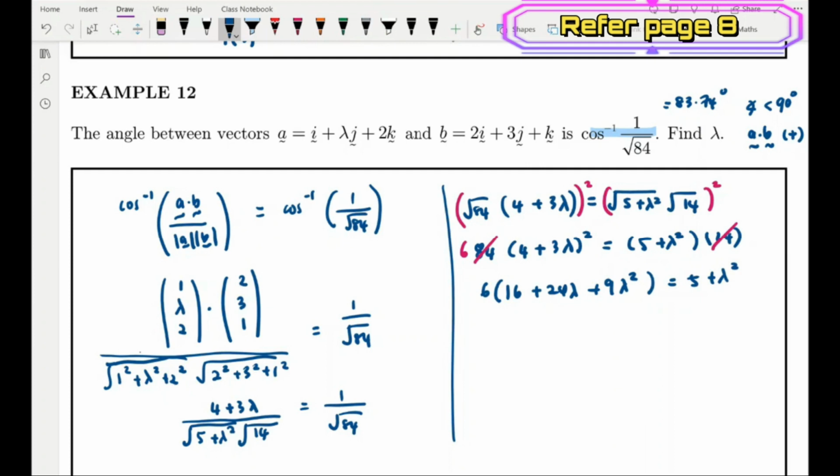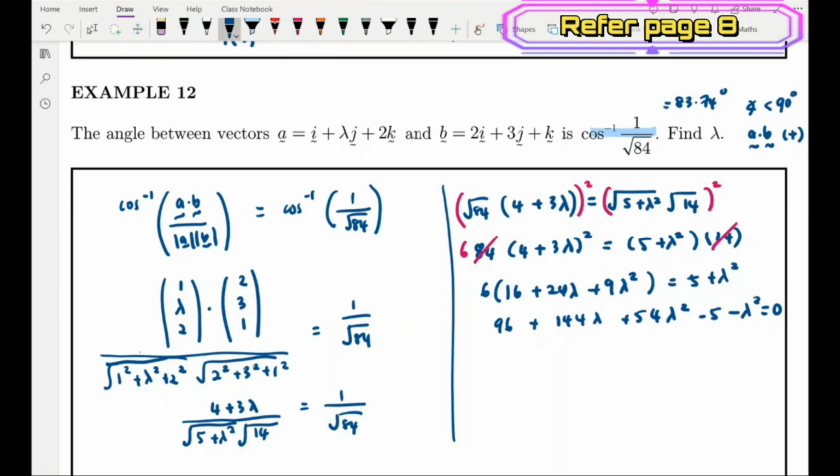So 16 times 6, 96, plus 144 lambda plus 54 lambda squared minus 5 minus lambda squared equal to 0.